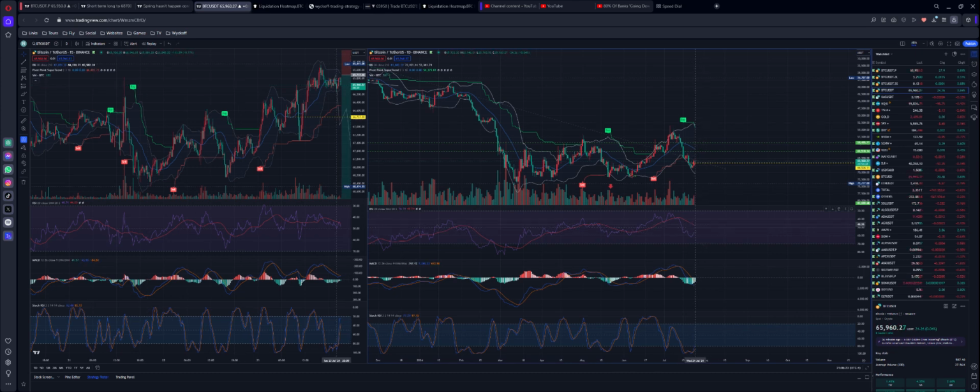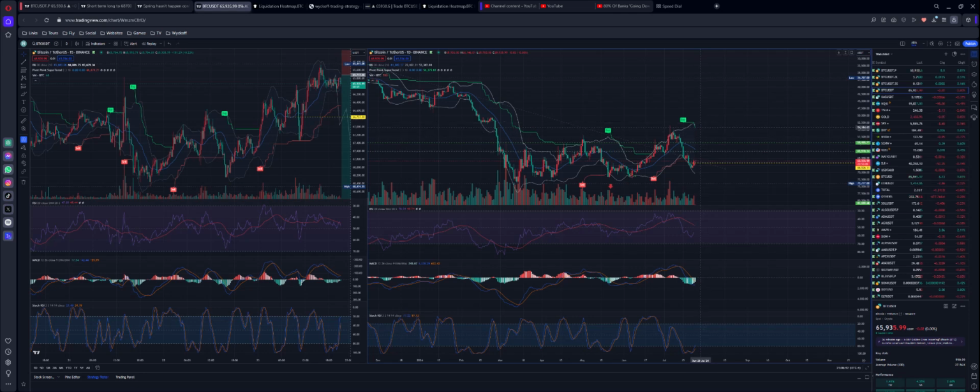Once the RSI red line comes down and we get that cross, it's going to be a good solid crash. It's going to be going down. Like I was saying before, we're going to test 62, then we're going to consolidate.